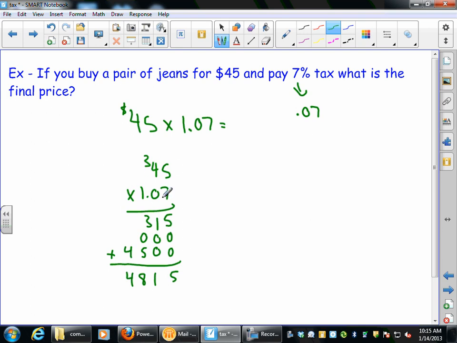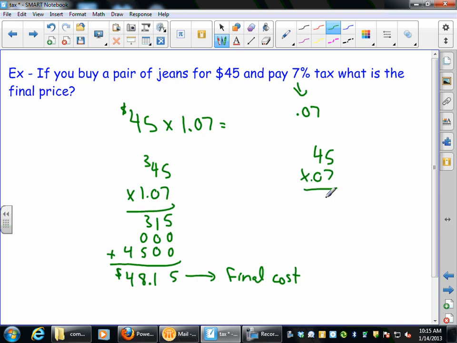Again, I come up here. There is a total of 2 decimal places, none in the first number, 2 in the second. So my answer should have 2 numbers after the decimal. So my final cost would be $48.15.